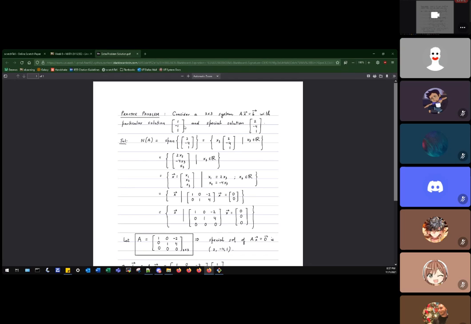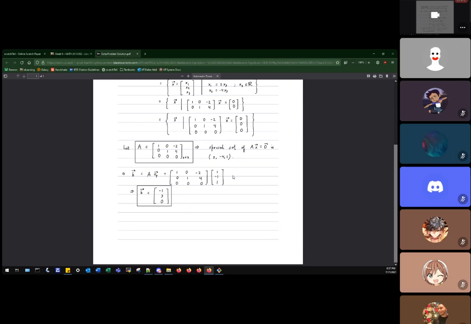In the problem, it's given to us. We've found the matrix. We're given x. We need to find b, so we just multiply. Yeah, it takes time.